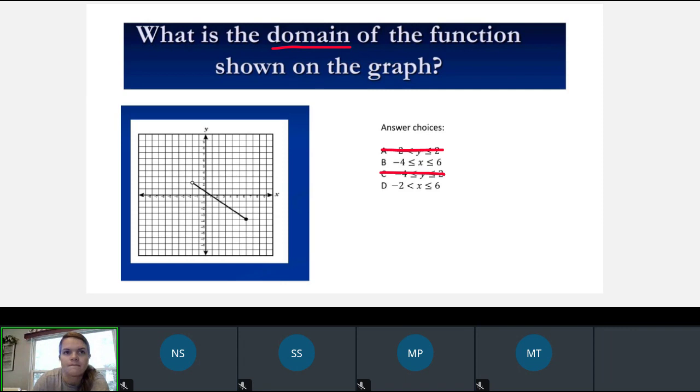That's kind of the tricky part sometimes about domain and range, is that they'll just switch up the variable that's in the middle, and you will just see the correct numbers, but not the letter in the middle, and that will cause you to choose the wrong answer.